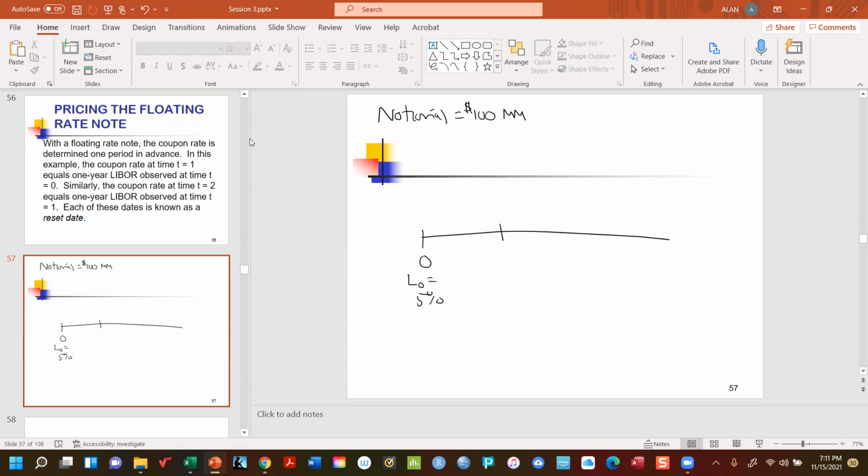Well, that implies that here at time 1, the coupon is 5%, or in this case, $5 million. Okay, now here at L1, let's say this is 4%. The coupon in year 2 is going to be $4 million.